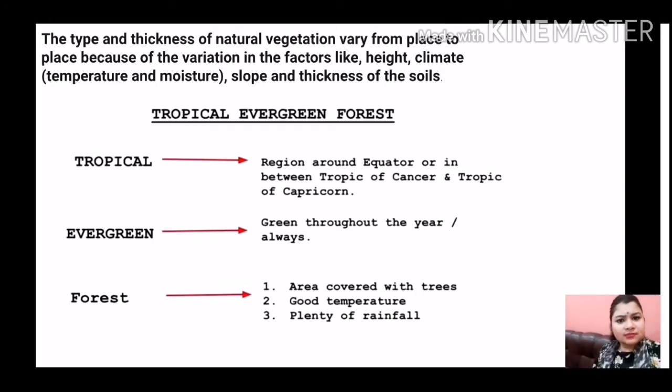The reason why they are evergreen is that they don't shed their leaves altogether, as there is abundance of rainfall in the area. Tropical means the region around the equator between Tropic of Cancer and Tropic of Capricorn.